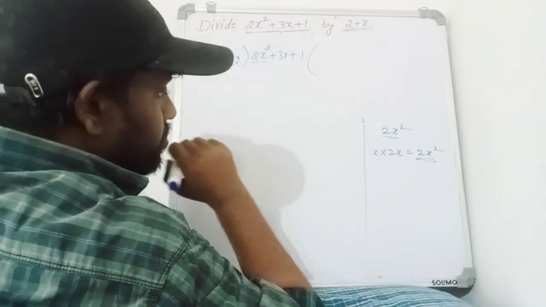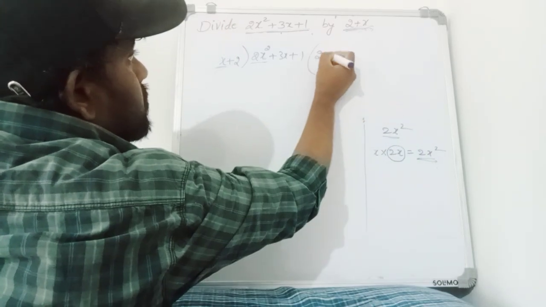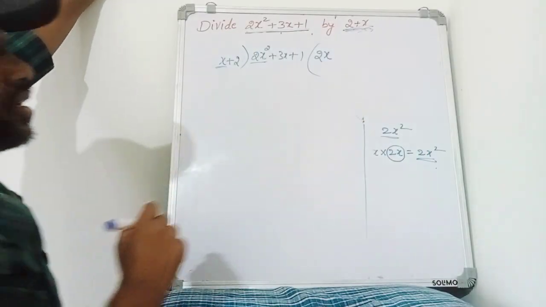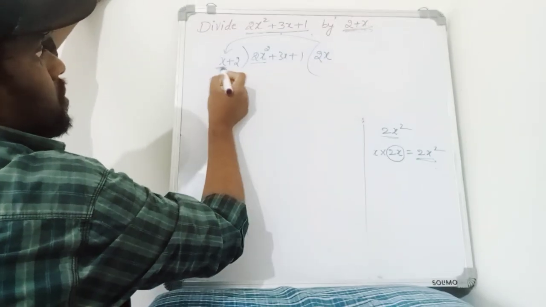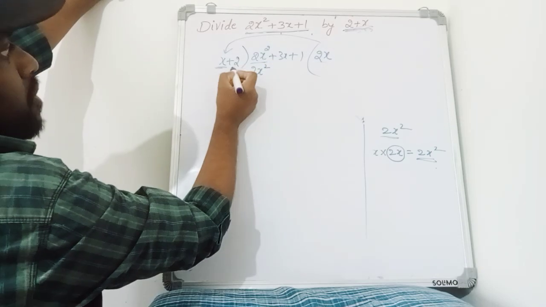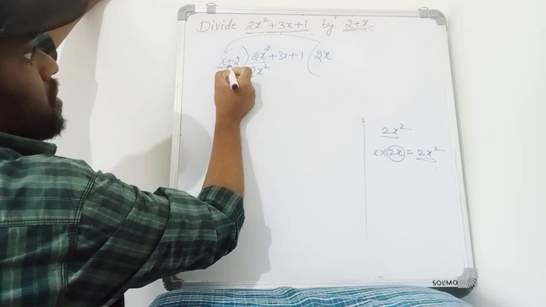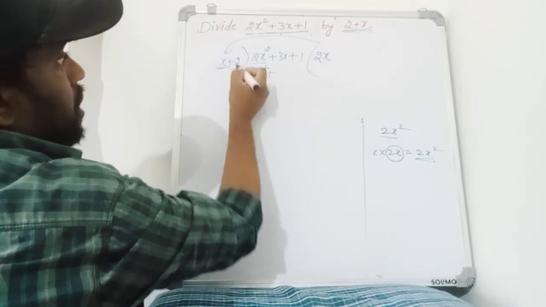Now this 2x you have to write here. Right? Now we have to multiply this 2x with this. 2x into x, we get 2x square, that you write here. Next we have plus 2. First plus is there, here also plus is there. Plus into plus, plus only.